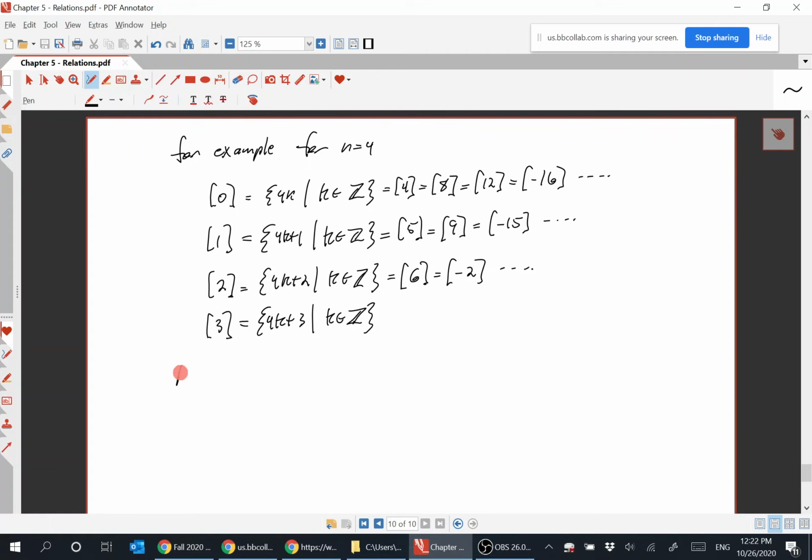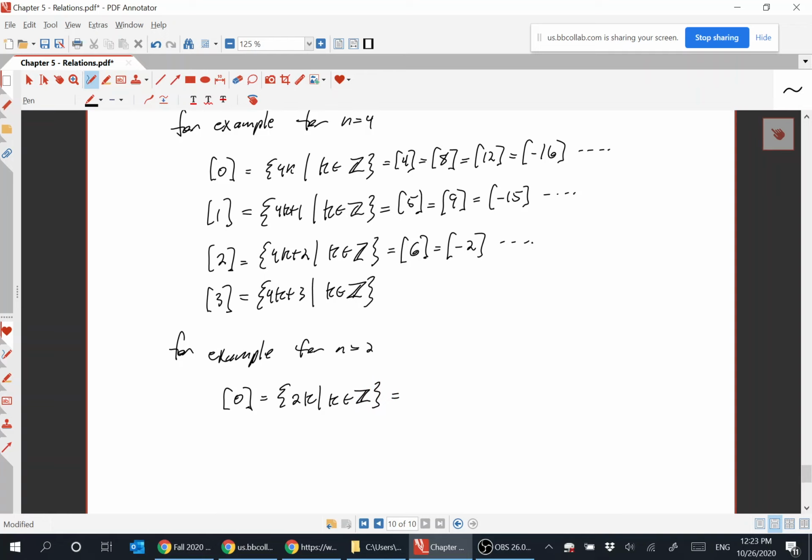What about when n is equal to 2? Well, you have the equivalence class of 0, which is going to be what? Well, it's all the multiples of 2. In other words, it's all even numbers.